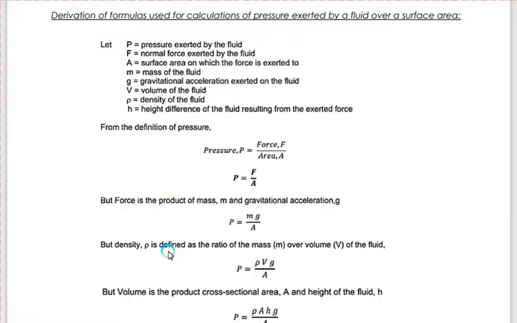Therefore, mass naton is equal to density times volume. So that's why nakakaabot kita sa formula: density times volume times g all over A.